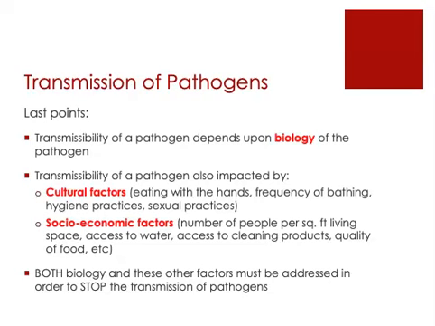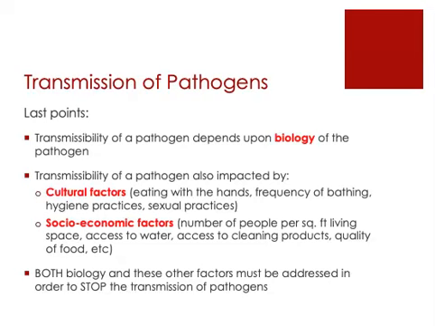Things like whether or not people have access, easy access, ready access to clean drinking water matters. Whether or not people have the means to go out and buy disinfectants and cleaning products, the quality of the food they're eating, whether or not they're able to get regular medical care.